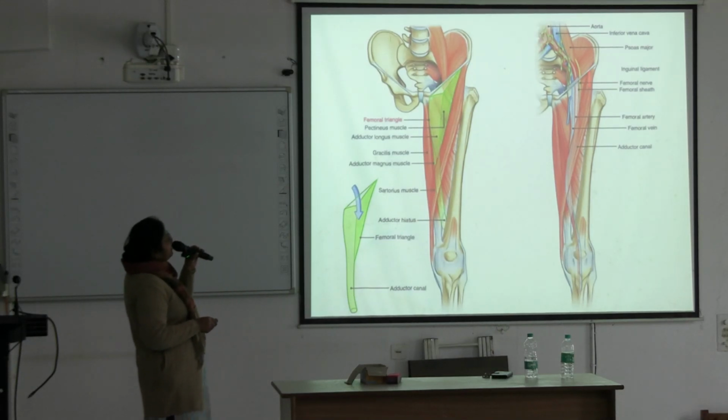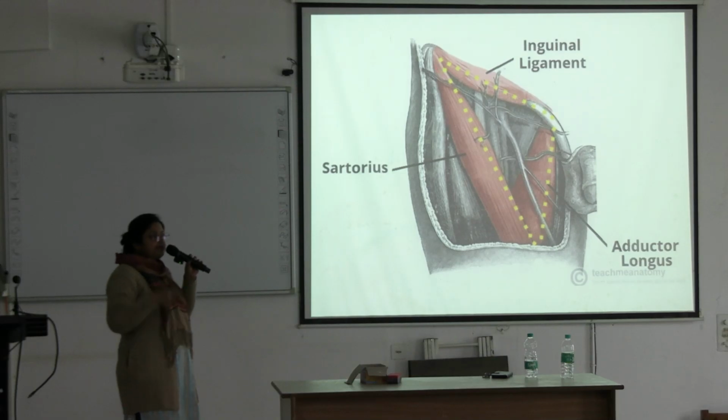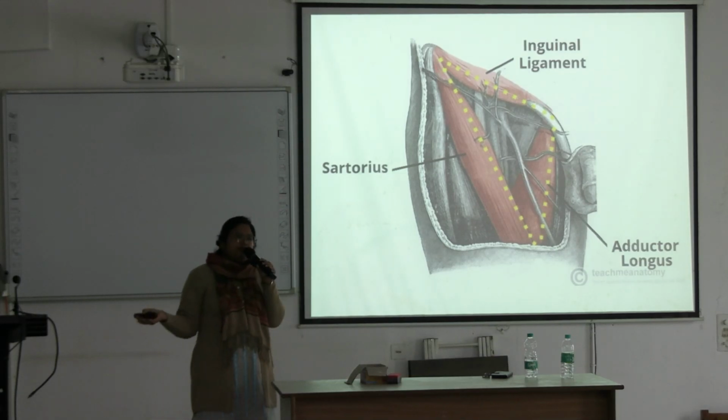Okay, so see the contents here. Here is the femoral artery, femoral vein, laterally there is femoral nerve, and these are the muscles you can see. See here the muscles forming the floor of the triangle. See this yellow dotted line, these are representing the boundaries. Base is formed by the inguinal ligament, which is the lowermost point of the external oblique muscle.